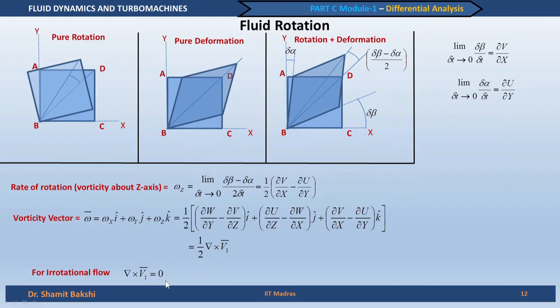So, just coming back to our 2-dimensional case, it only means that omega z will be 0. So, for a 2D irrotational flow, we have del v by del x minus del u by del y equal to 0. We will use this expression afterwards in the next few slides.